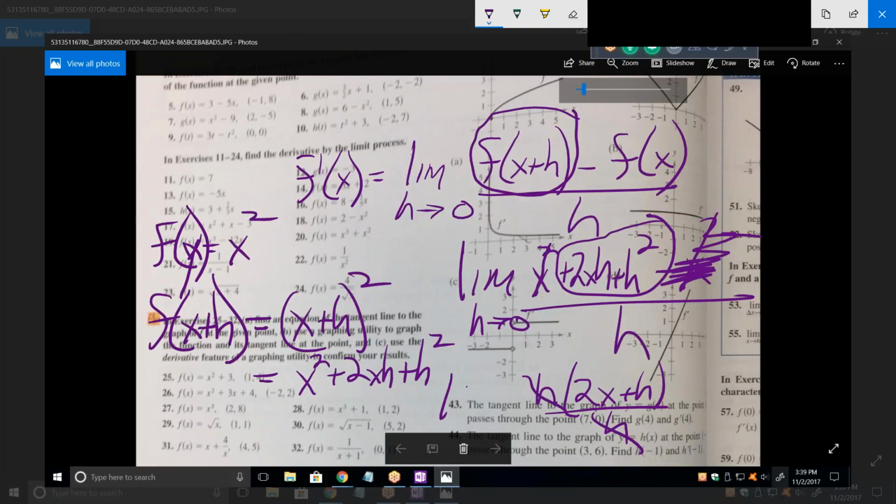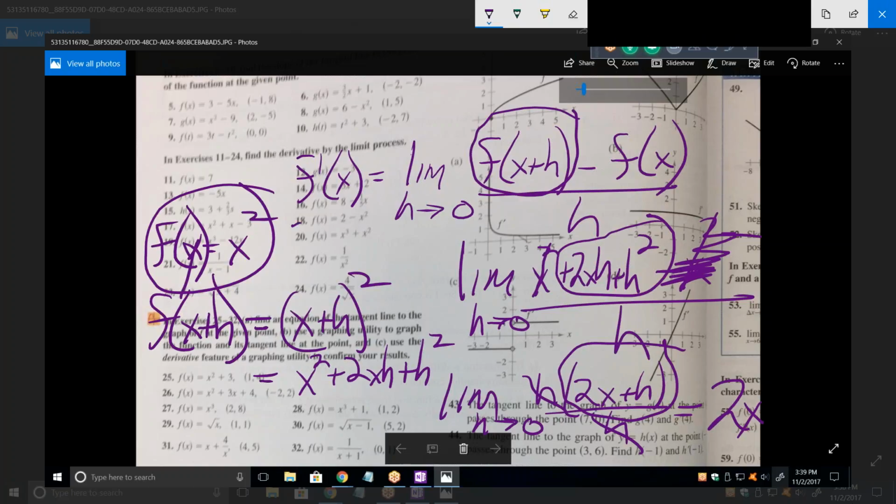Now tell me what the limit of that is as h goes to 0. What's the limit of 2x plus h as h goes to 0? It would be 2x. That's it.